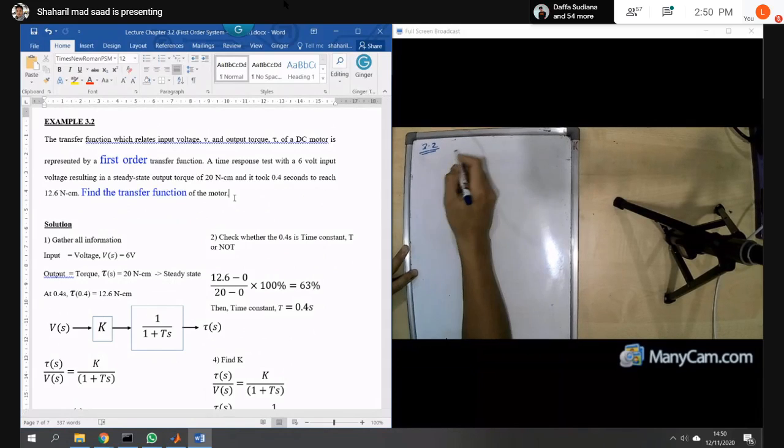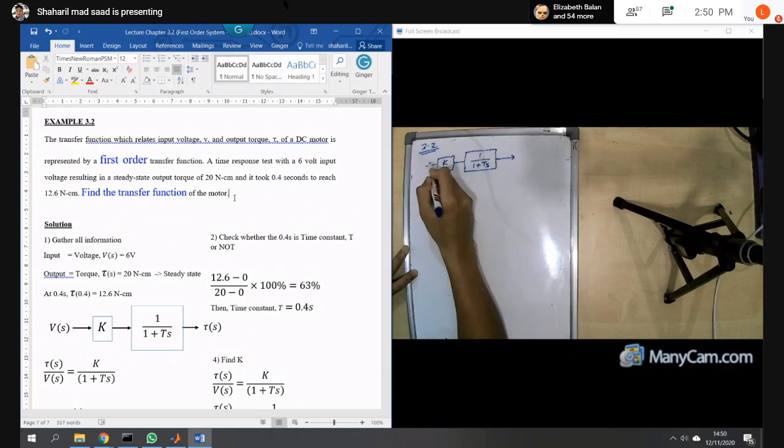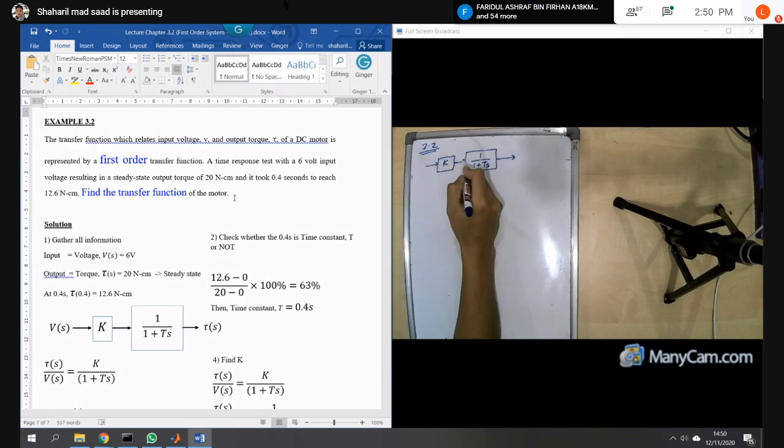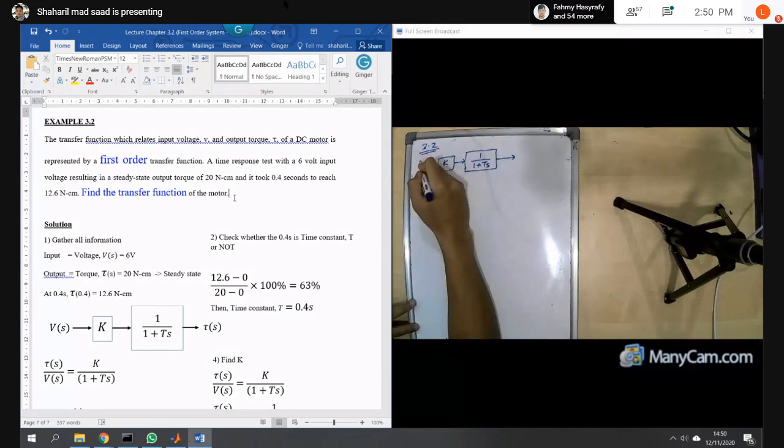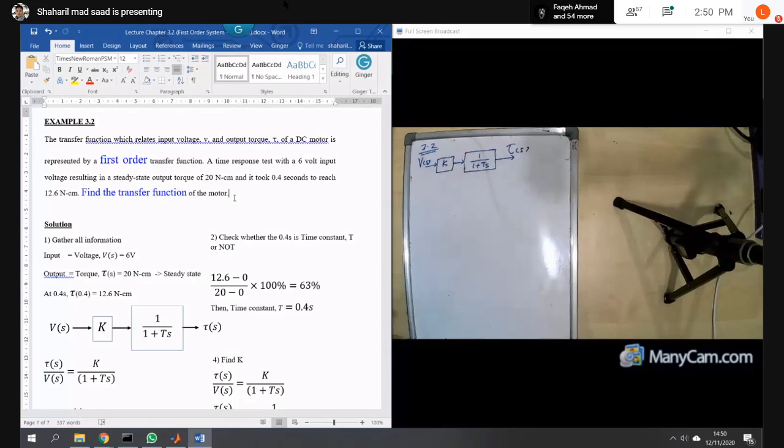Now we know that for a first order system, it will be K over 1 plus τs. This is the first order. Let's say our input is V, voltage, and our output is torque, T(s).